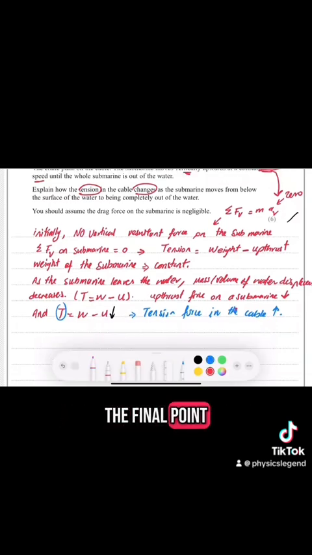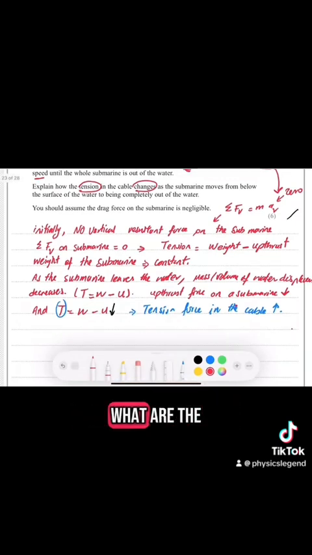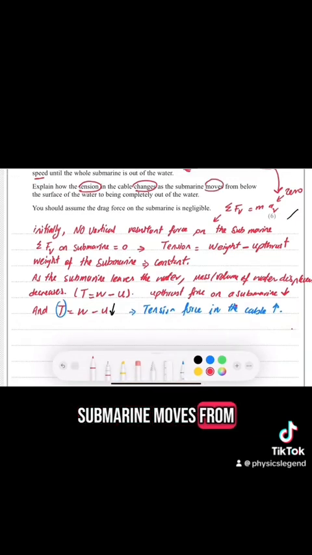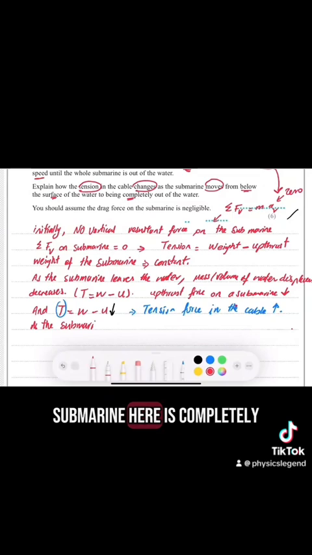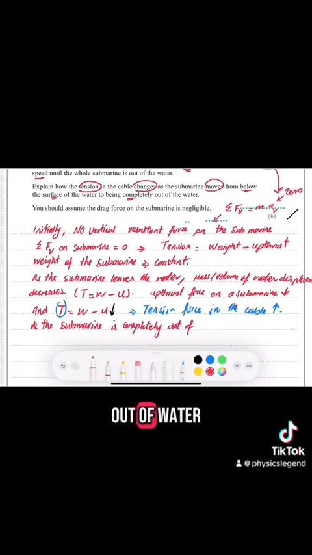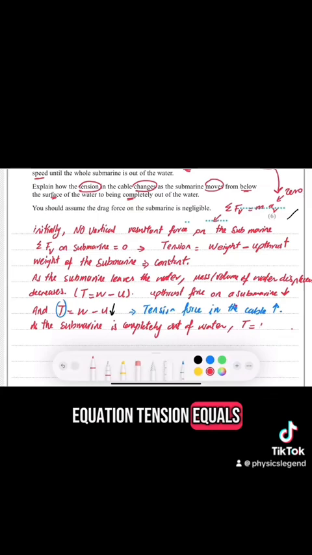The final point, when the examiner said, now I already explained what happens as the submarine moves from below the surface of water to being completely out of water. So as the submarine is completely out of water, what do you think? Use the mathematical equation tension equals weight minus upthrust.